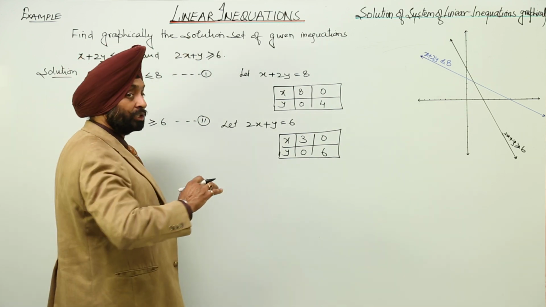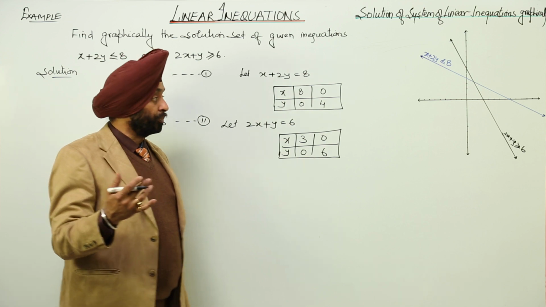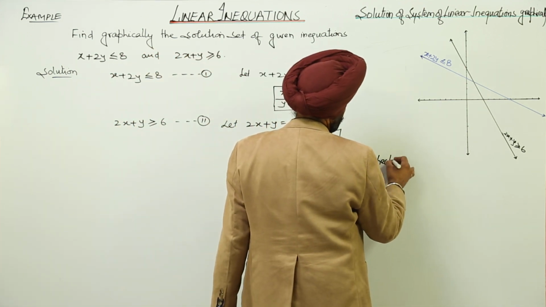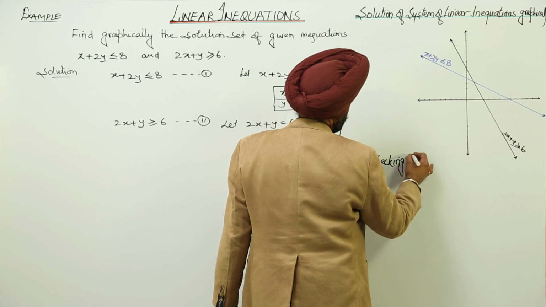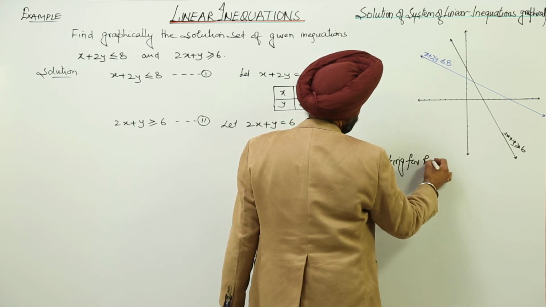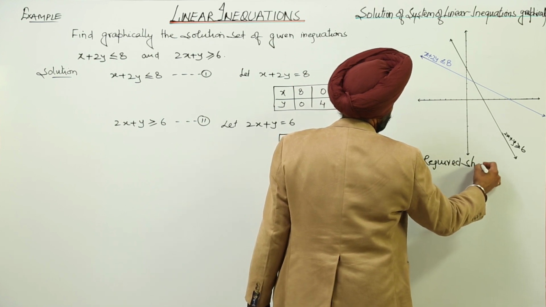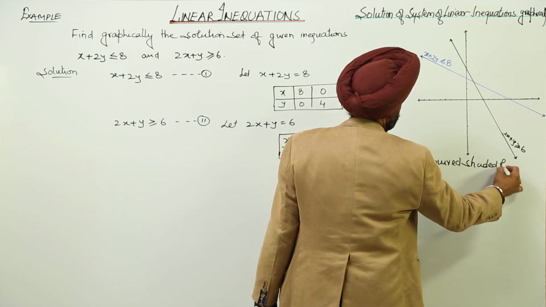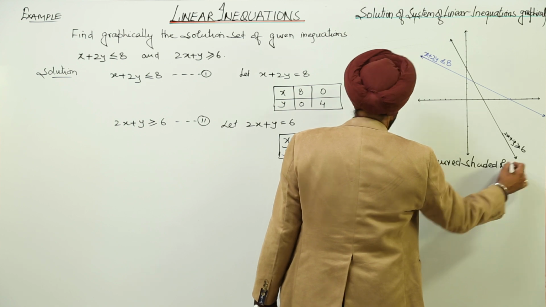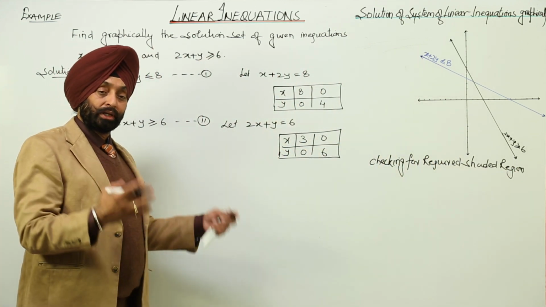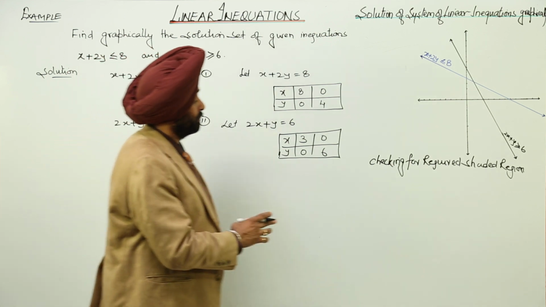Now checking for the required shaded region. Why have I not written this part here? Either you can do it on the rough sheet or on the fair sheet also. Okay.